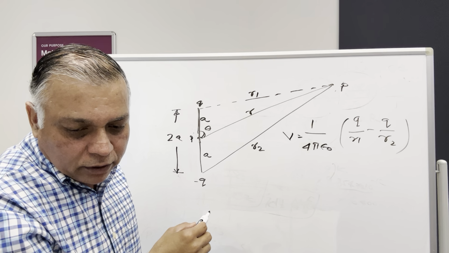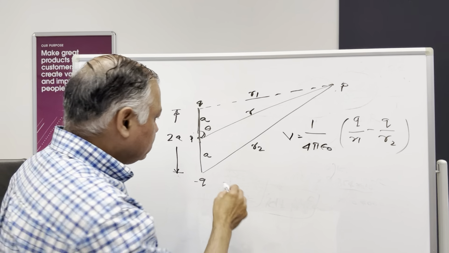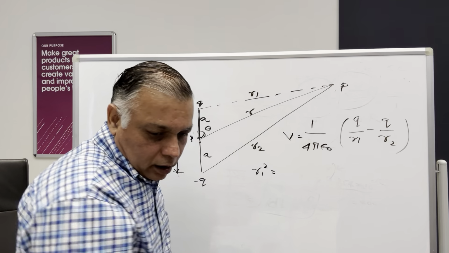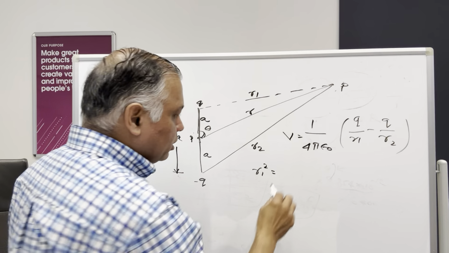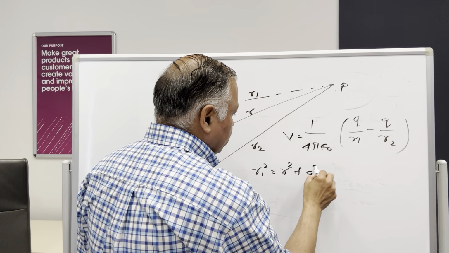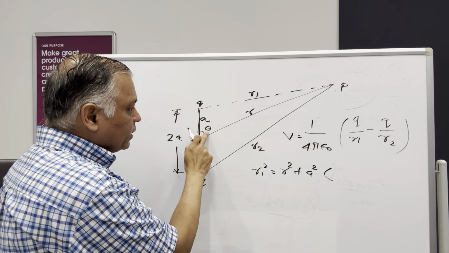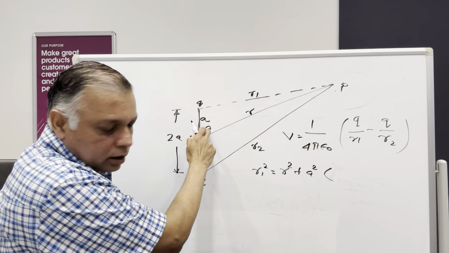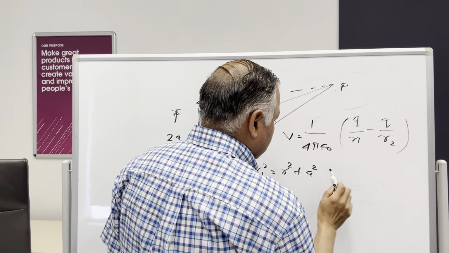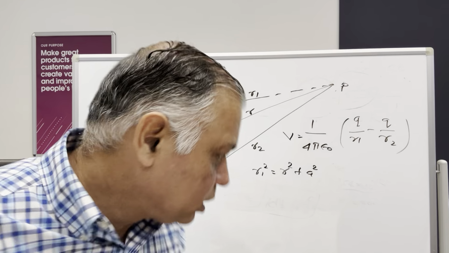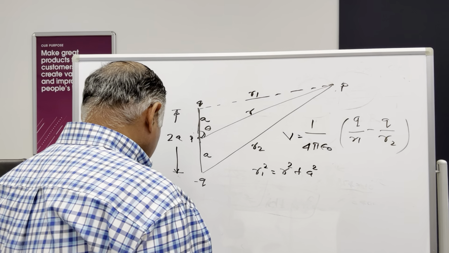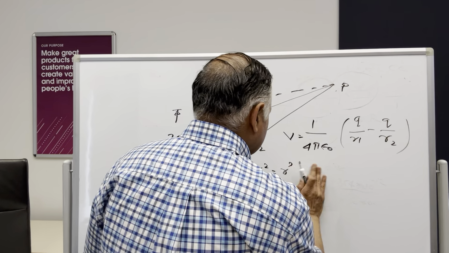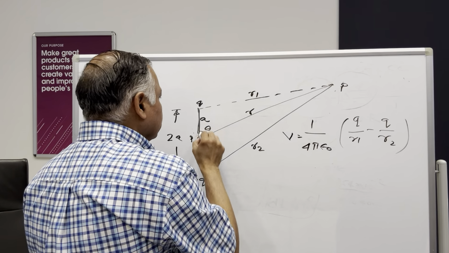So let's calculate r1. r1 square is r square plus a square, and if we are taking cos, then it is 2ar cos theta. So this is just a simple trigonometry problem.